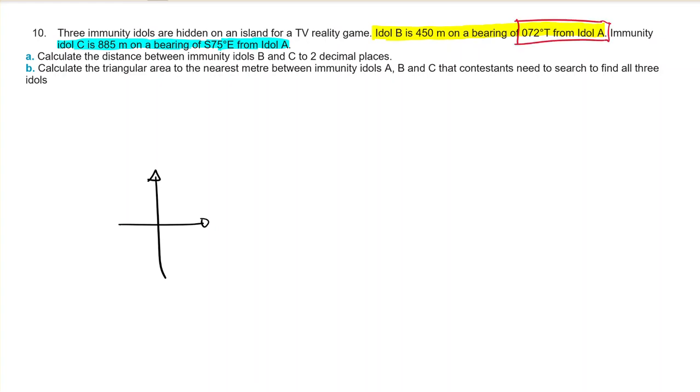So I will mark this spot as A. So 72 degrees, that's less than 90, so it has to be within there. So I'll put that there. Call that 72 degrees. And the distance is 450 meters to that point we will call B.